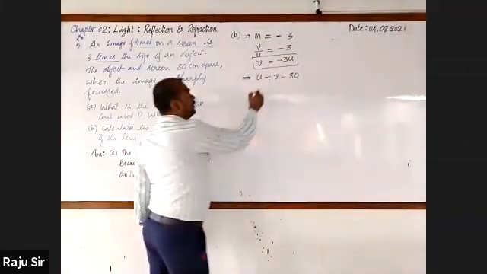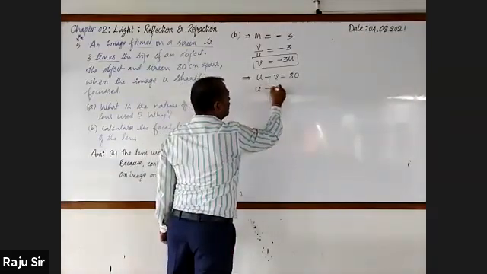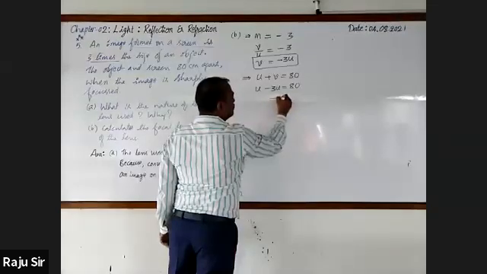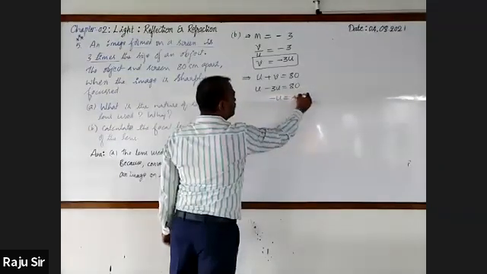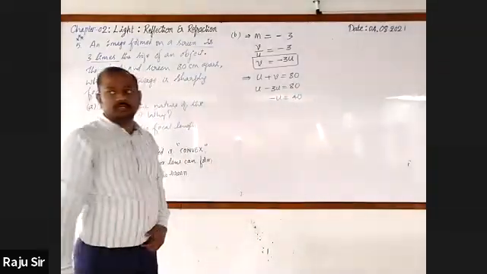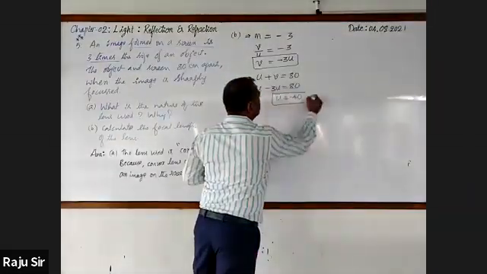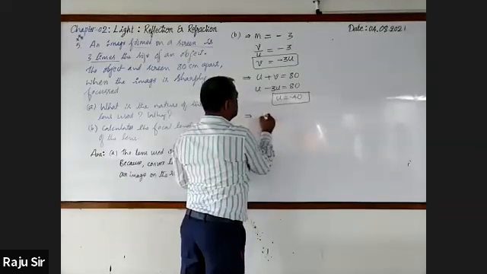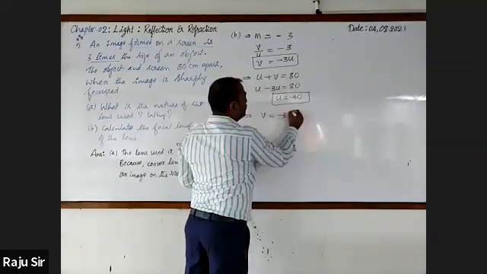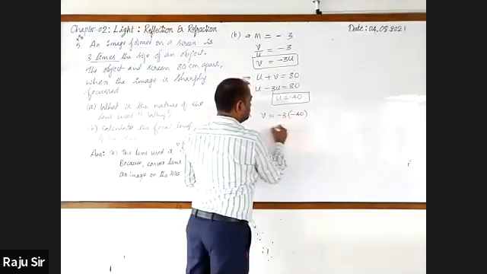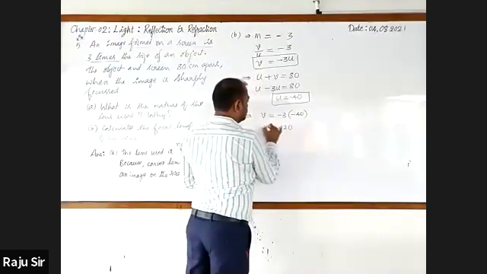Where v is negative 3u, negative 2u is 80. So u is equal to negative 40. Next, v is equal to negative 3 into u. u is minus 40, so v is plus 120.